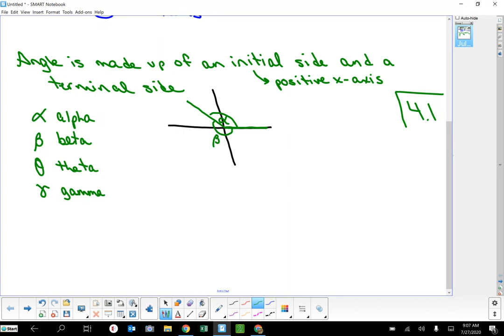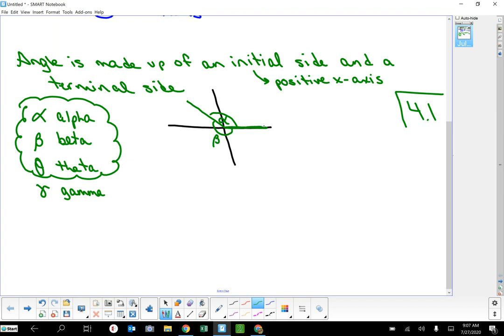And those are probably about the only 4 that I would use. There's lambda and some other ones, but they're not very commonly seen in this textbook. So these 3 will be the primary ones that we'll use, with maybe an occasional gamma if we need it, okay?